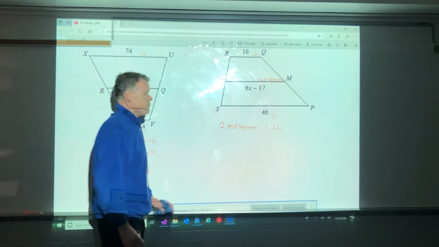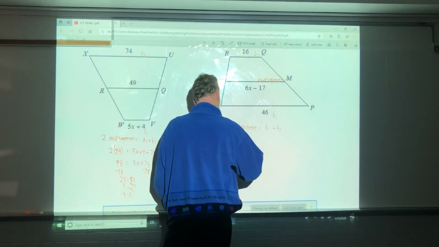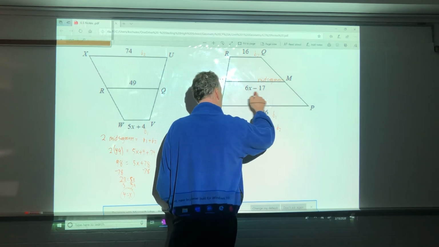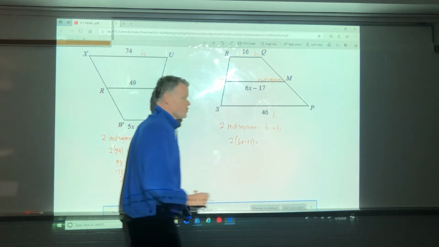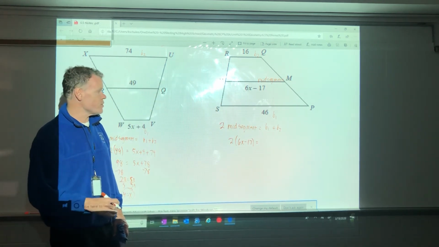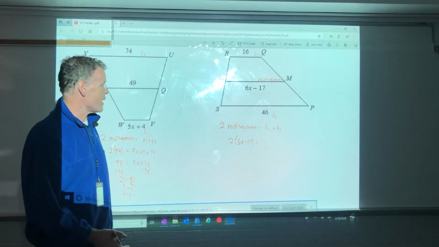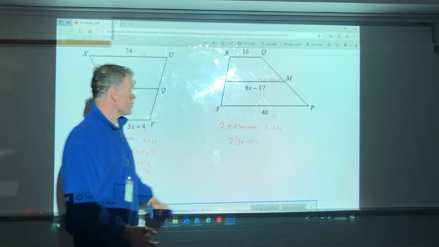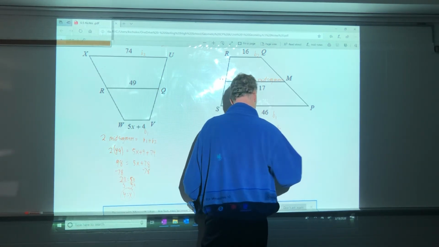Now, one thing we want to remember to do here when we do 2 times the mid-segment is we're multiplying 2 by the whole thing. So we're going to put parentheses around it, and we've got to remember to distribute. Again, we had the same type of thing with the triangles in the mid-segment. And that's going to equal base 1, 46, plus 16.